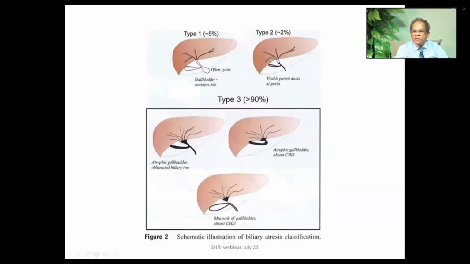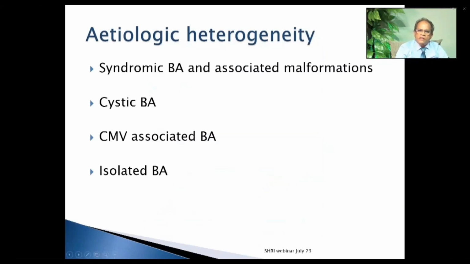Then you can have cystic biliary atresia that I showed you earlier, and also there is a cytomegalovirus associated biliary atresia as well. And the majority, of course, are isolated biliary atresias.